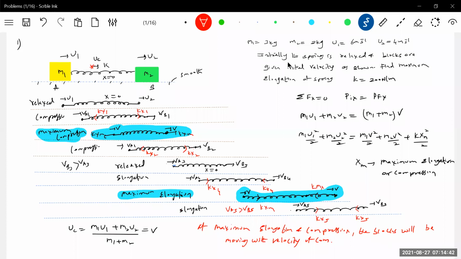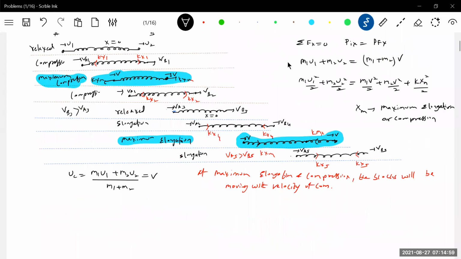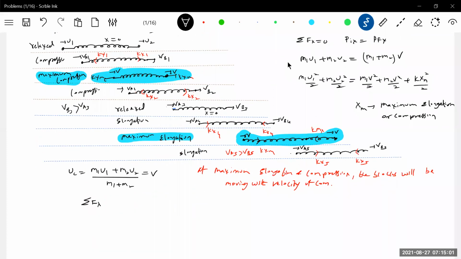Now the center of mass, will it undergo displacement? Though net force is 0, the center of mass can undergo displacement. Center of mass is here, now it will come here, now it will come here. So continuously the center of mass will undergo displacement. So again, net force 0, delta V of center of mass is 0, but delta x of center of mass is non-zero, because initially there is a velocity of center of mass.